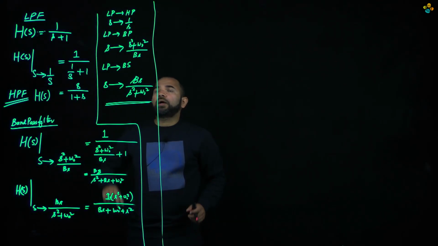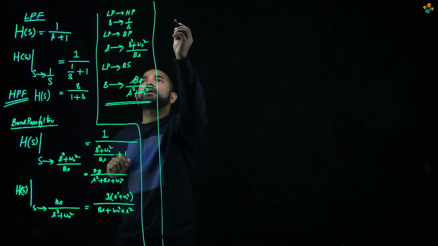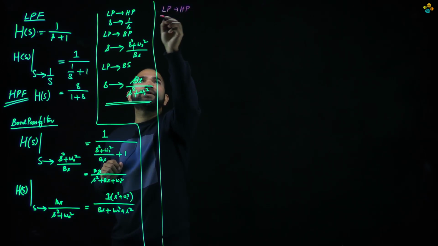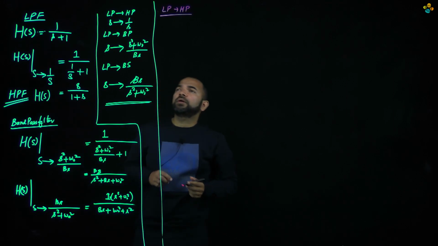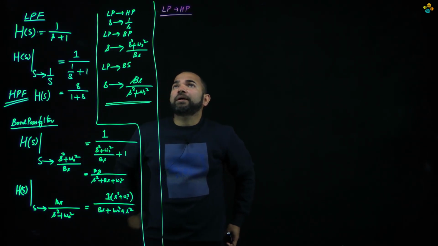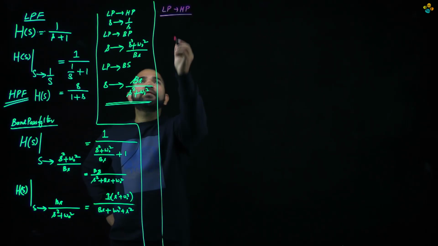Okay, so if we discuss the low pass to high pass transformation in detail, what we have seen is that S needs to be translated into 1 by S. So what does it mean?